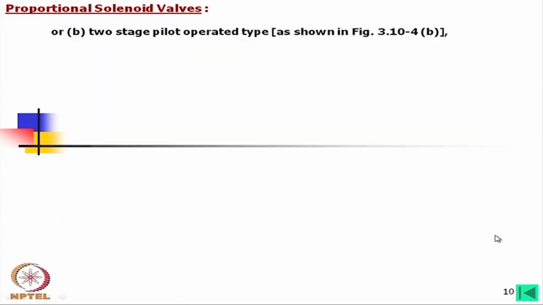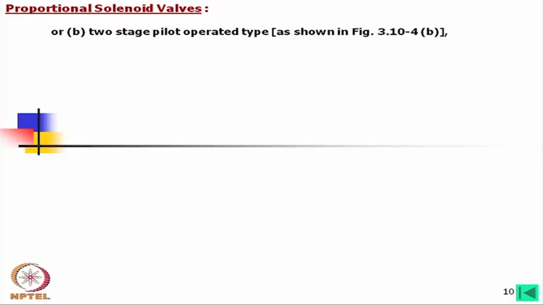So, this is a direct drive, but this direct drive has another problem. As you know, the direct pressure relief valve is not good for controlling, I mean there may be instability, although in a proportional control valve it is less than an ordinary valve, but still it will be there.